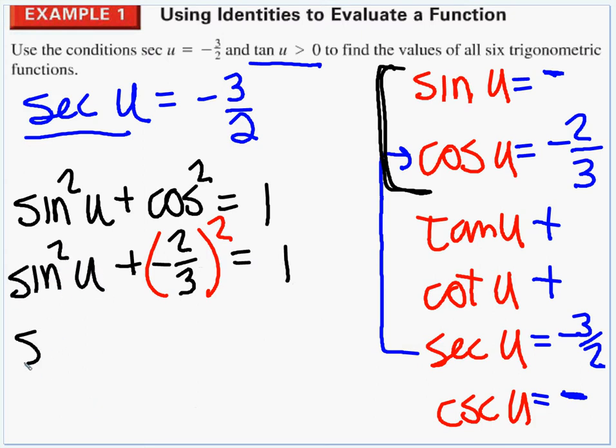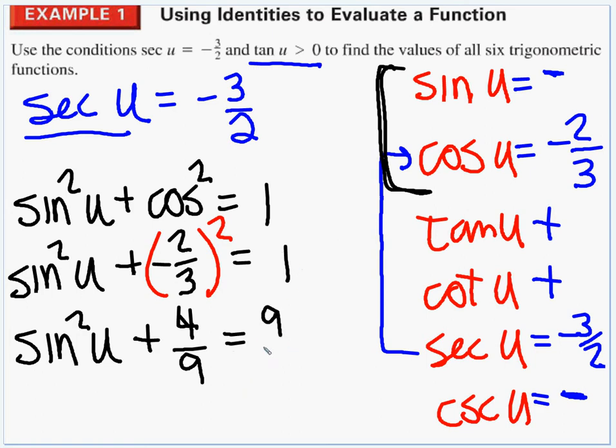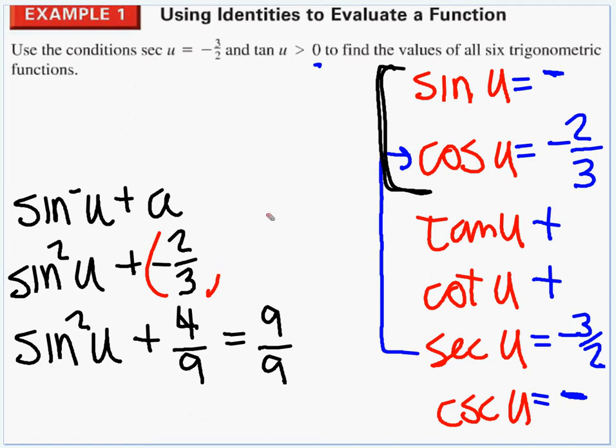Okay, a little algebra. So sine squared of angle u plus, if we square negative 2/3, the negatives will square to a positive, and 2/3 times 2/3 is 4/9. And to make the work easier, I'm going to make this 1 over here into 9/9, just so we have that common denominator.